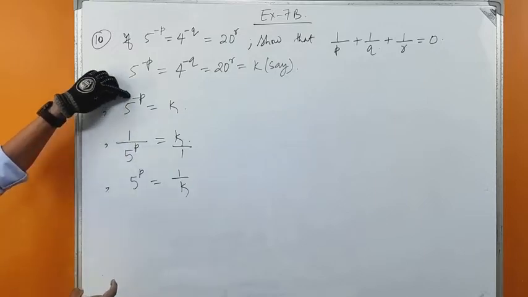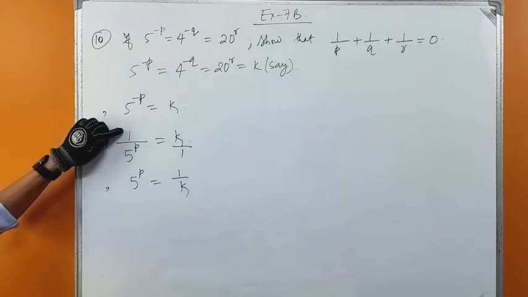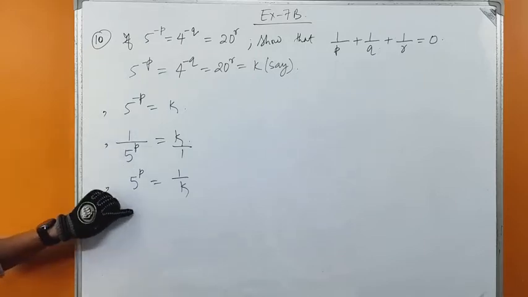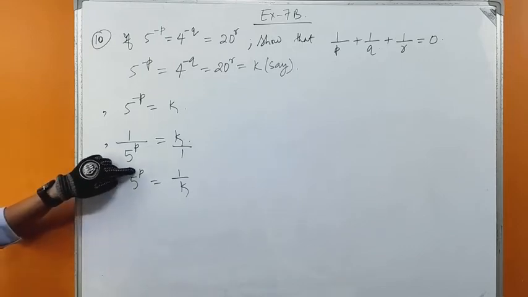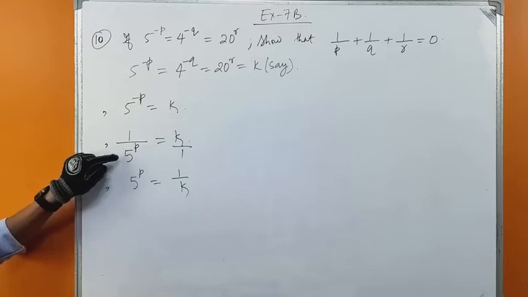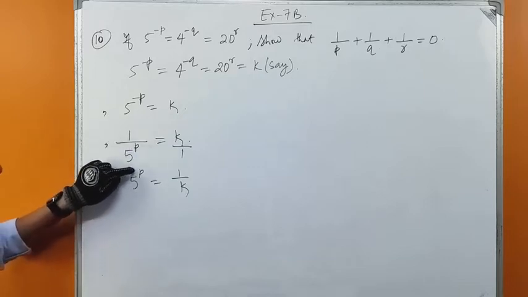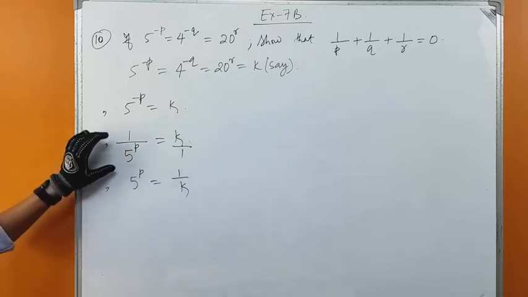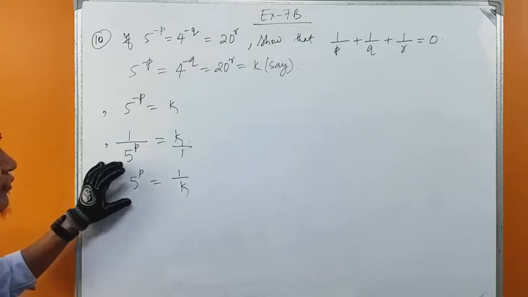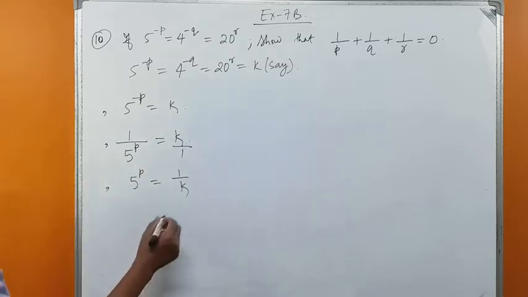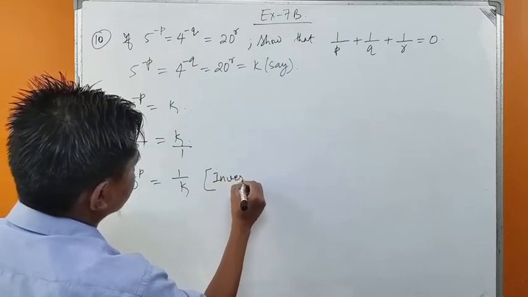You see 5 to the power minus p became 5 to the power plus p when we took the number to the denominator, isn't it? But here when we brought this number from denominator to numerator, the sign is plus p. 5 to the power plus p was in the denominator, and in the numerator also 5 to the power plus p. Because this is just invertendo, applied on both the left hand side and right hand side, the power does not change. Okay, this is invertendo.